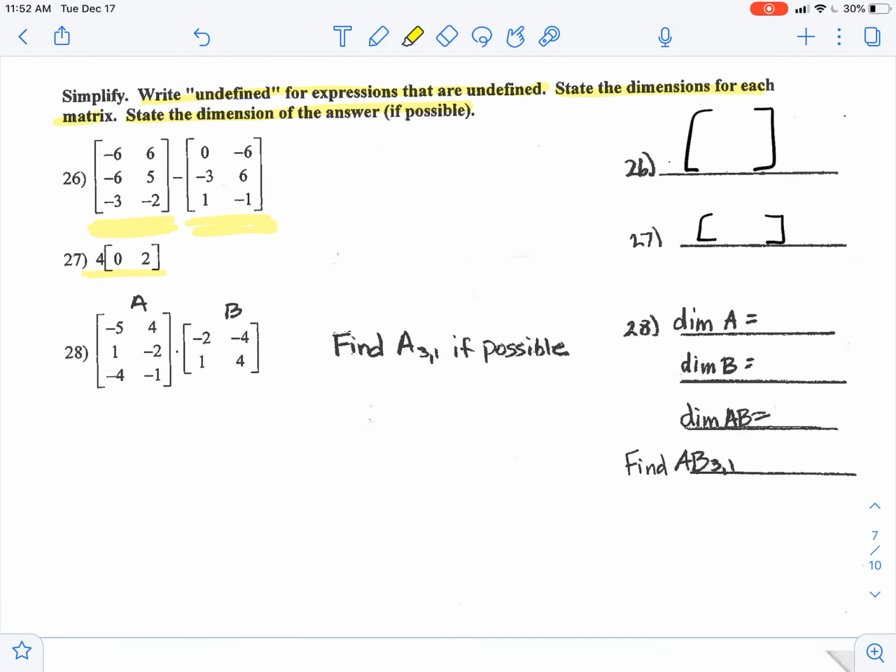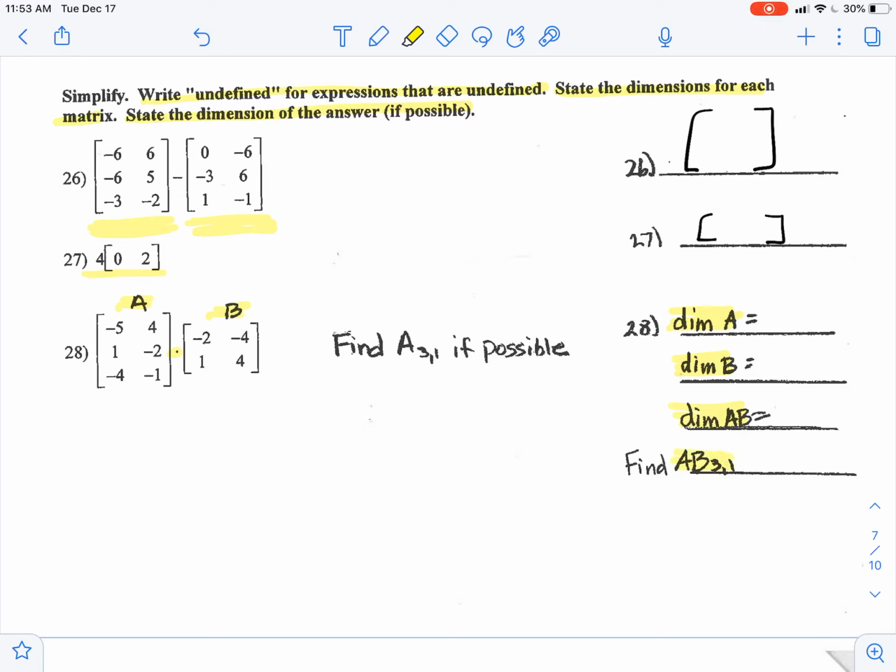28. This is a multiplication. This one is A and this one is B. The first thing that I need you to do is give me the dimensions of A, then give me the dimensions of B, and then if you can multiply those two, I need to know the dimensions of my final answer. Okay? The next thing that we're going to do, we're not going to work the whole problem.